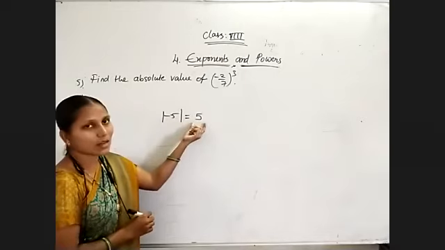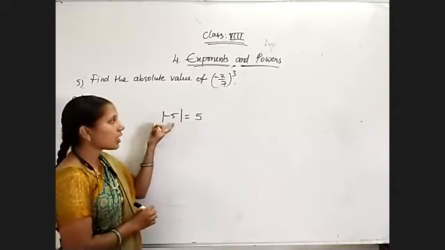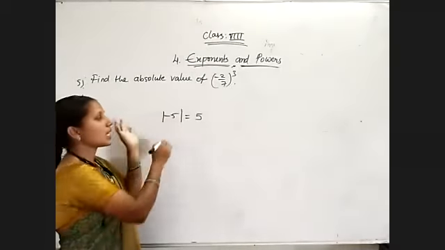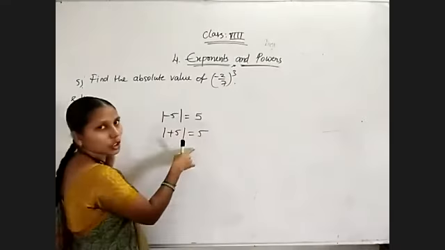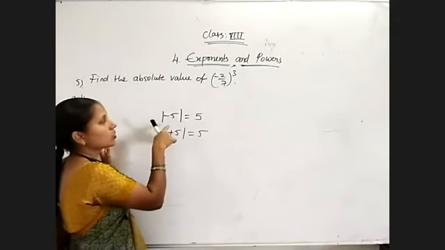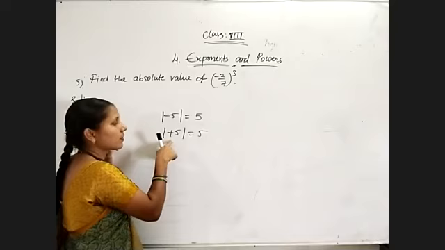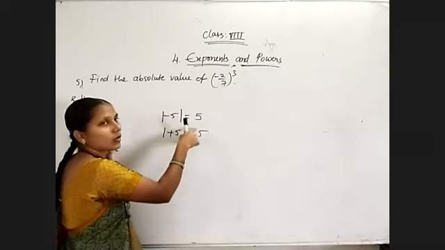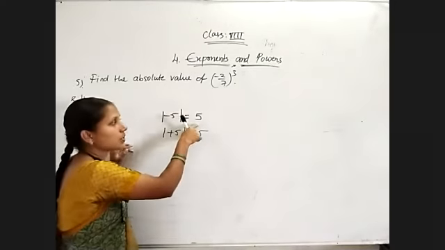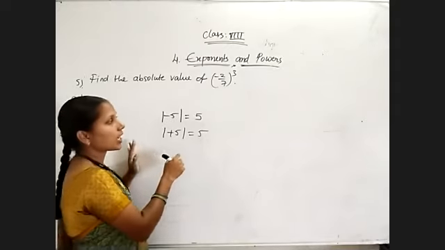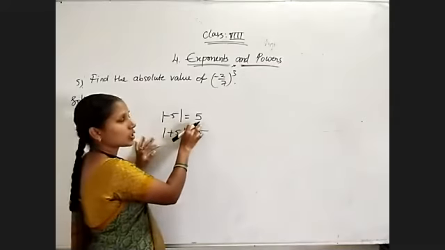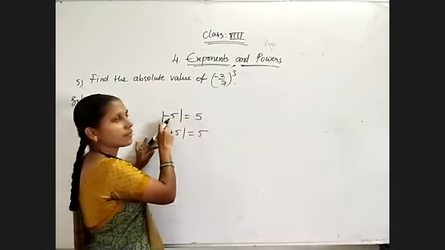The absolute value of a positive number as well as a negative number is its numerical value, not about its sign. So the absolute value of -5 as well as +5, both will be equal to 5.